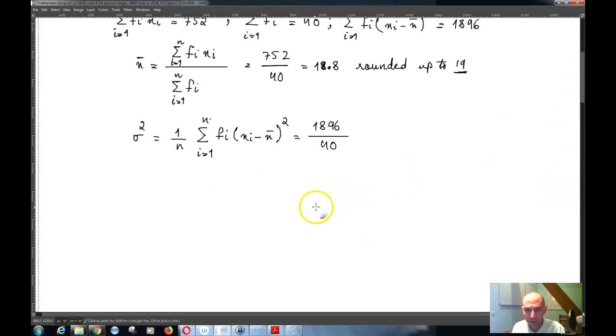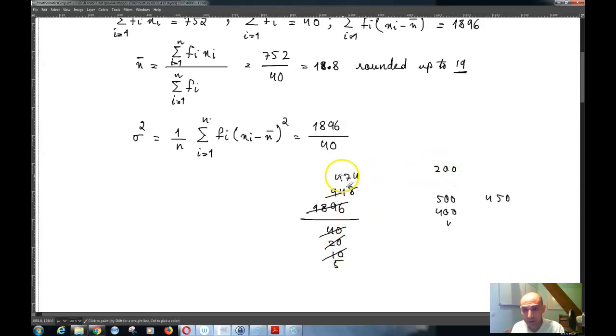We can calculate 1896 divided by 40 by dividing numerator and denominator by 2 to get 948 over 20, again dividing by 2 to get 474 over 10, and again dividing by 2 to get 237 over 5.